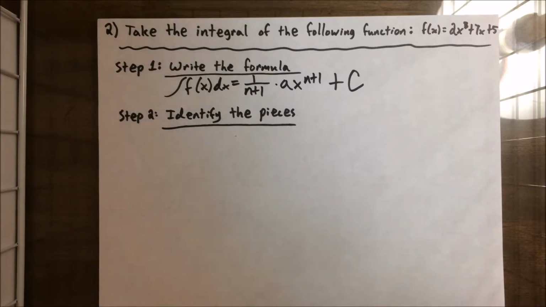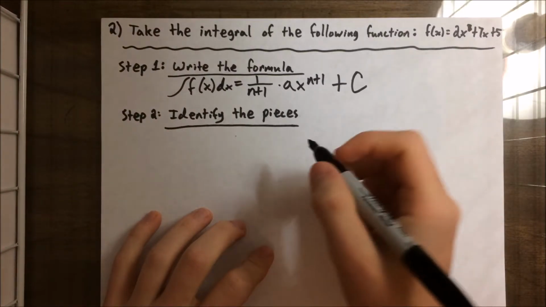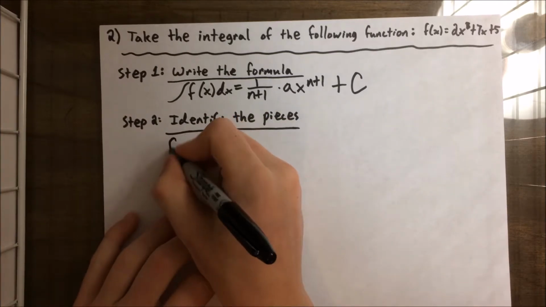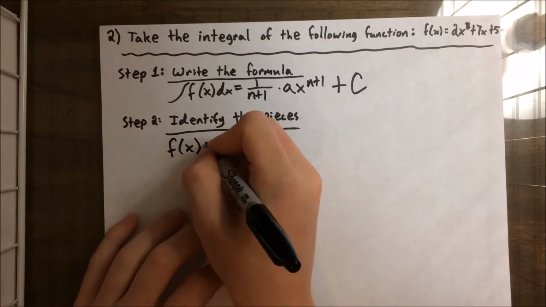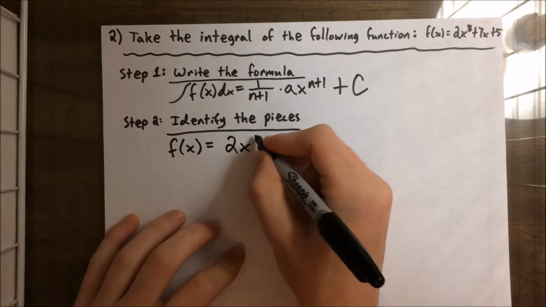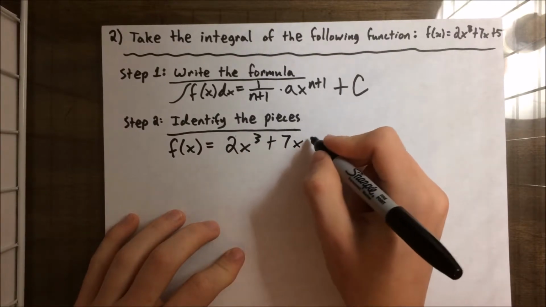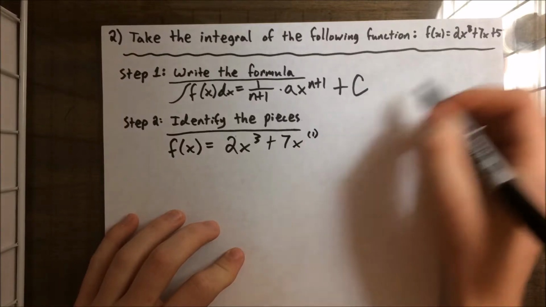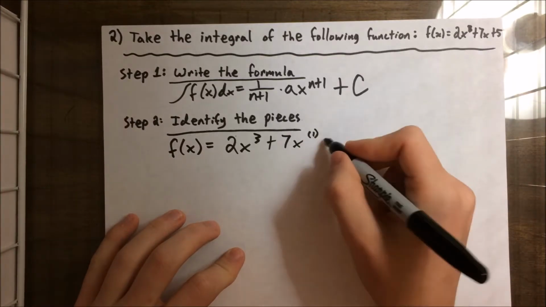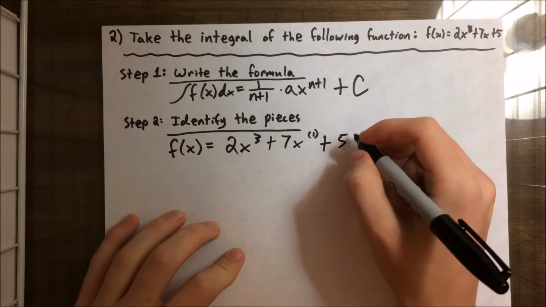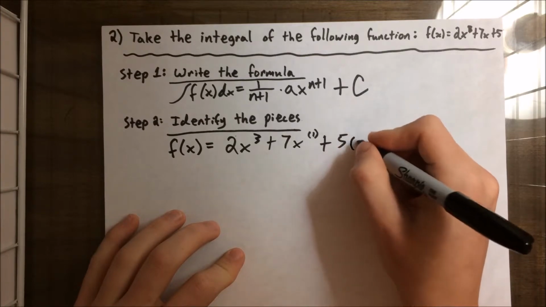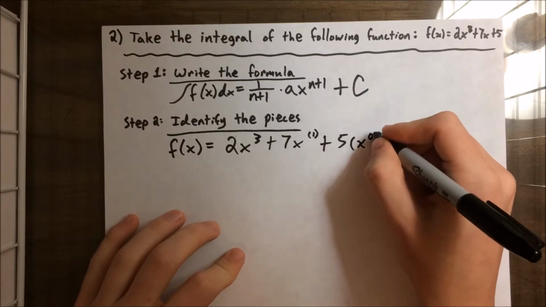Okay, so let's go on to step 2. In step 2, we are going to identify the pieces. So I'm going to write the starting function again, just to be able to link the pieces. So I'm going to put a parentheses 1 for the exponent, because that's what it is, and then 5 paren x to the 0 paren.